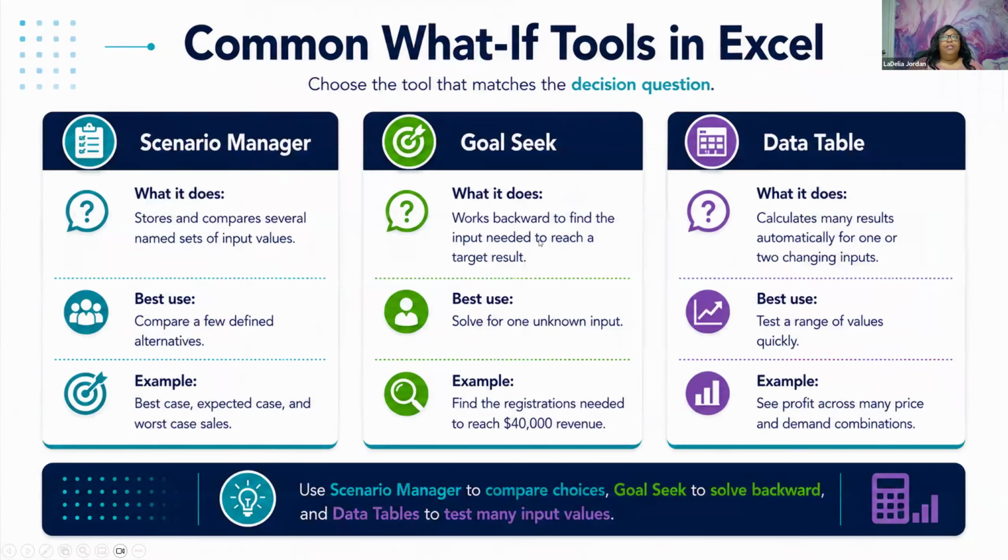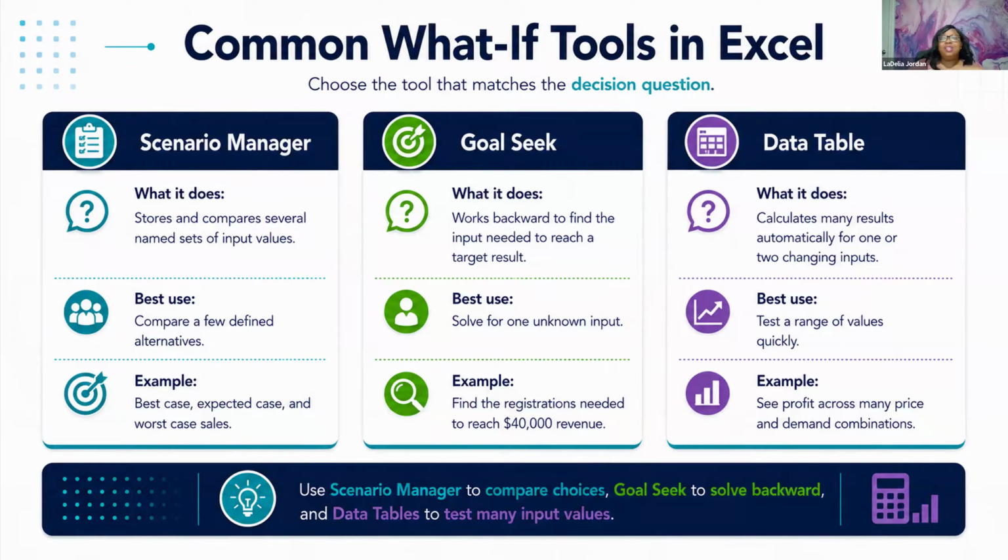Now, there are a few common tools in Excel that we can use for the what if analysis, and each one answers a different type of question. The scenario manager compares defined alternatives, and we can create named scenarios, enter proposed input values, and compare the results. Another tool in Excel is Goal Seek.